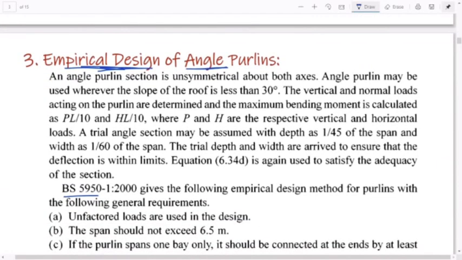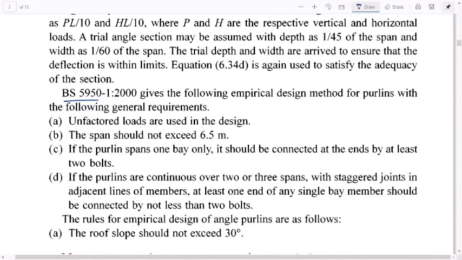And this is the empirical design of angular purlins. What we are going to do is find out the moment due to unfactored load. Unfactored loads are the loads that are not multiplied with the partial safety factor. So find out those loads and the moment due to those loads.